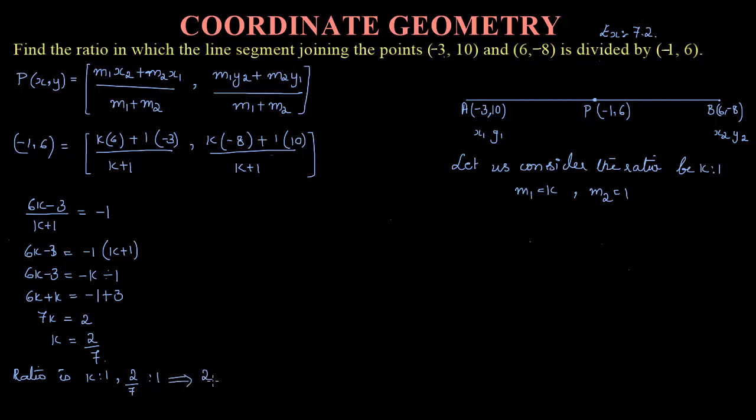You can multiply the number in the denominator with both parts of this ratio. So if you multiply 2 by 7 into 7, 7 will get cancelled, you will get 2. In the same way, if you multiply 1 with 7, you will get 7. So the ratio is 2 is to 7. You got the value of the ratio, right?